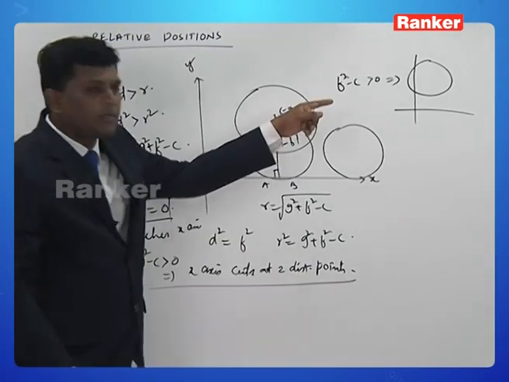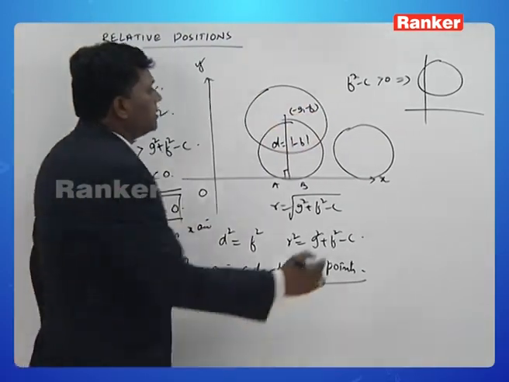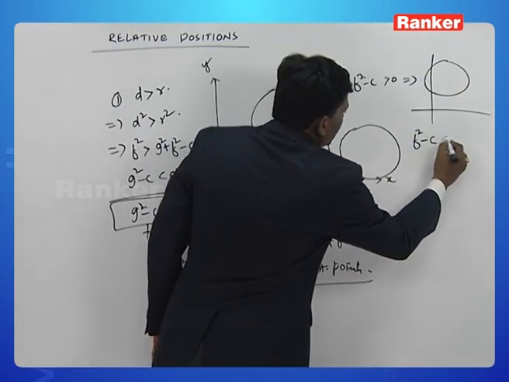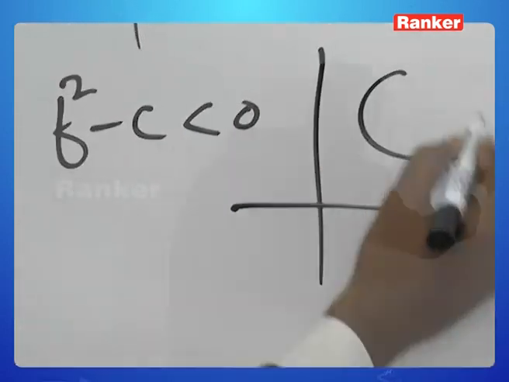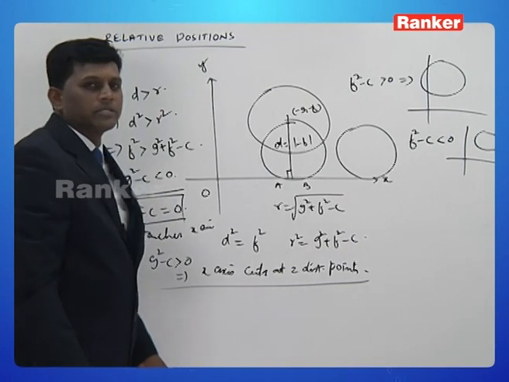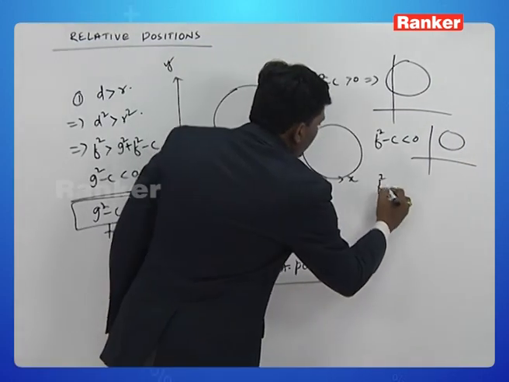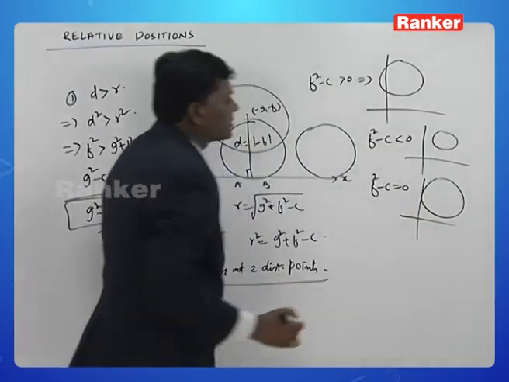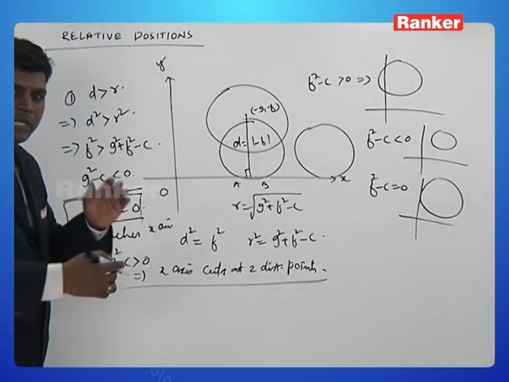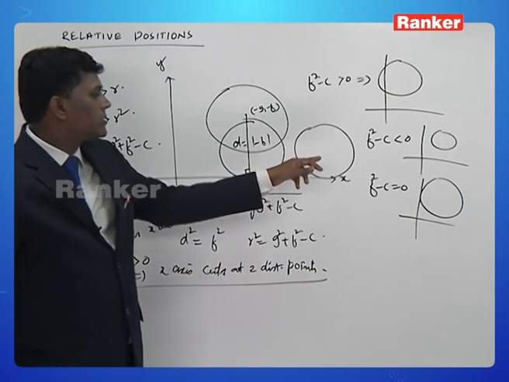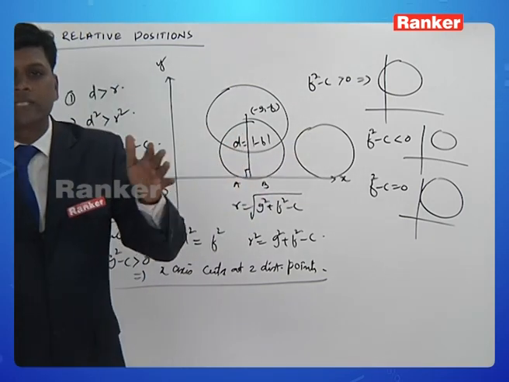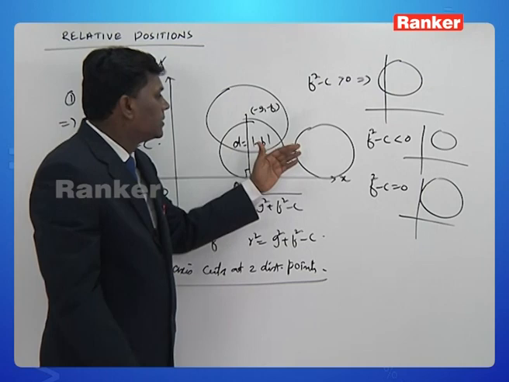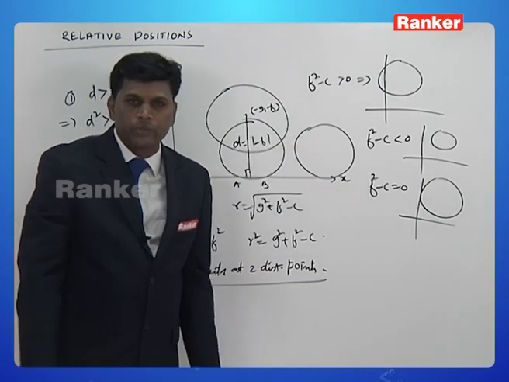Just diagrammatically I am giving you the case here. If f square minus c is less than 0, the y-axis does not meet the circle, and if f square minus c equals 0, then simply the circle touches the y-axis. And simultaneously we can apply both of these conditions to see the relative position of a circle with respect to the x-axis as well as the y-axis together.